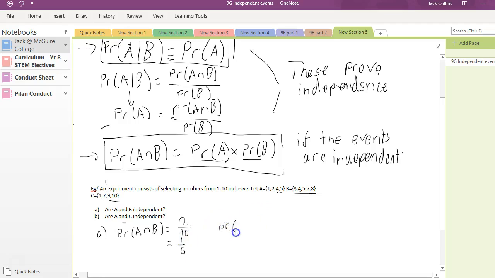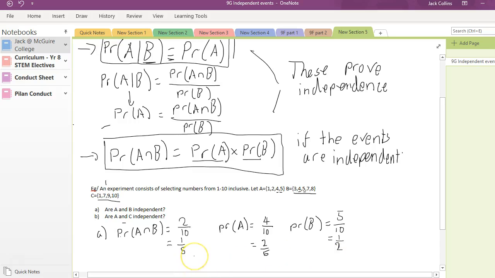The probability of A by itself is 4 out of 10, because you've got 4 numbers out of 10 possibilities, which is 2 out of 5. And the probability of B, selecting only B, there's 5 numbers in B, is 5 out of 10, or 1 out of 2.